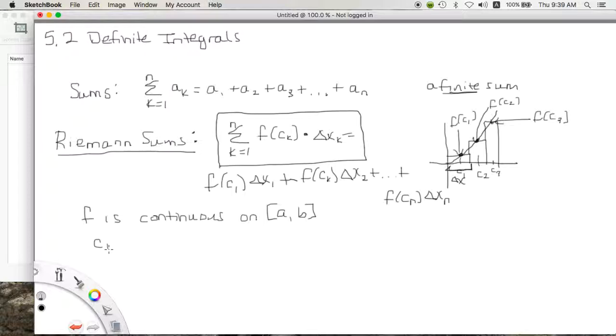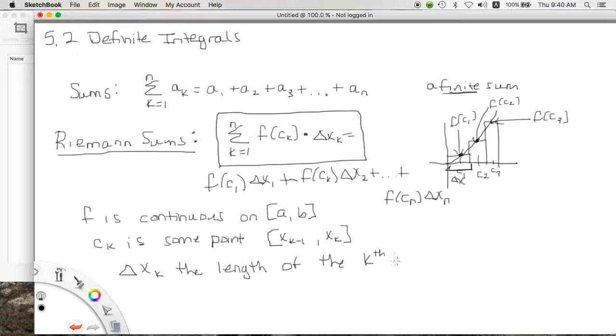And our ck that we talked about here is some point between an x value before that and an x value after that. And then our delta xk is the length of the kth subinterval.